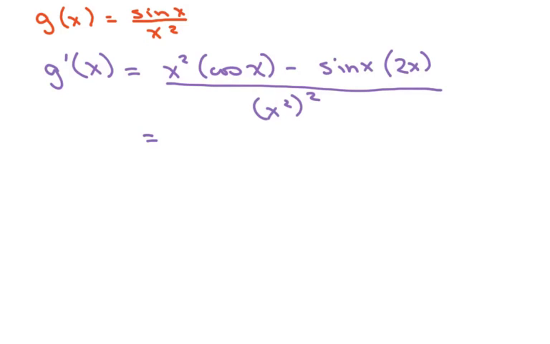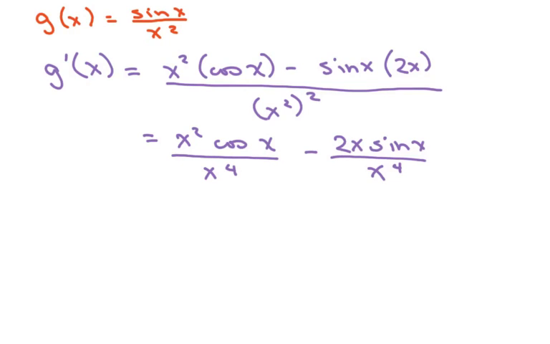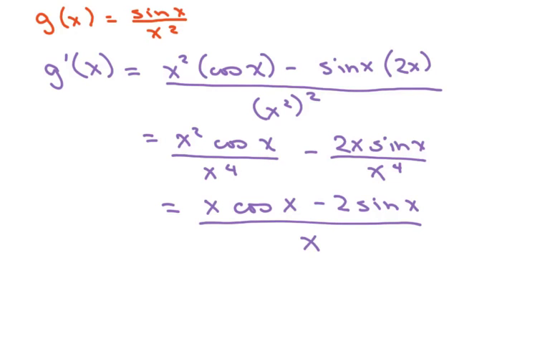So that's going to give you x squared cosine of x over x to the 4th minus 2x sine of x over x to the 4th. And this is going to simplify to x cosine of x minus 2 sine of x over x cubed, because this x would cancel here. That would give you x cubed here, so I only did it once here.